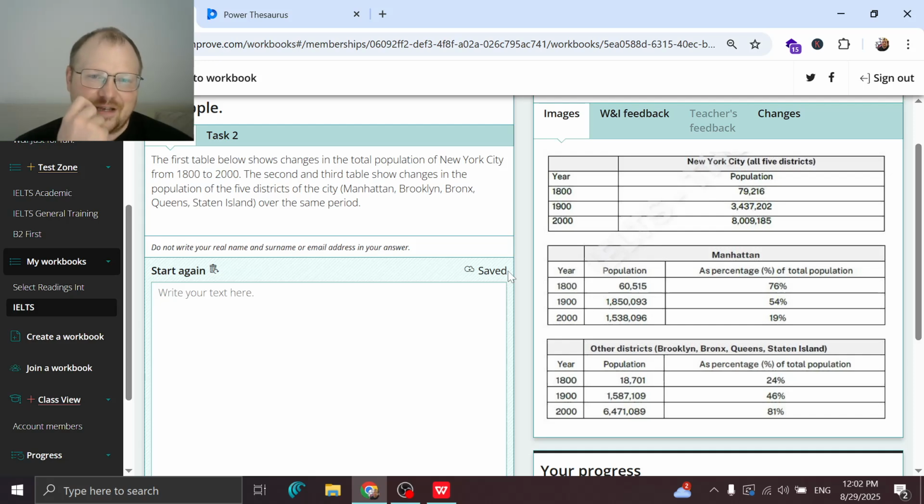So we got like 30-ish numbers to put in here, but we want to group where possible. So we need to always mention what is high, what is low, what is changed, what is not changed.